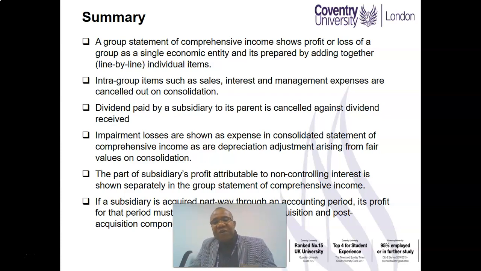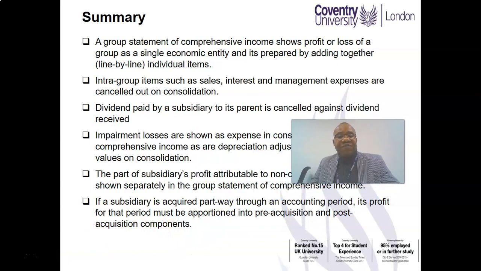The part of the subsidiary's profit that is attributable to non-controlling interest is shown separately in the group statement of comprehensive income. If a subsidiary is acquired partway through the accounting period, then the profit for that period must be apportioned between pre-acquisition and post-acquisition.